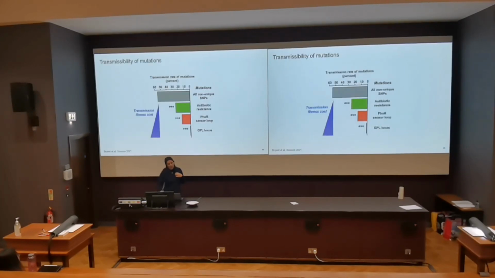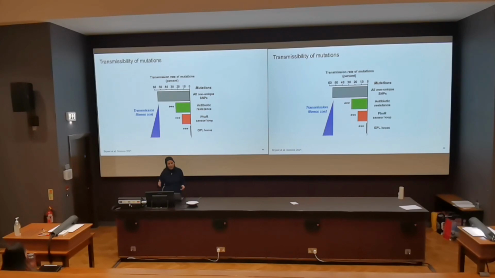I actually found the opposite, which was that Mycobacterium abscessus, when it picked up these mutations, actually seemed to be less likely to then go on and transmit to other people. And so there's a transmission fitness cost associated with its adaptation.